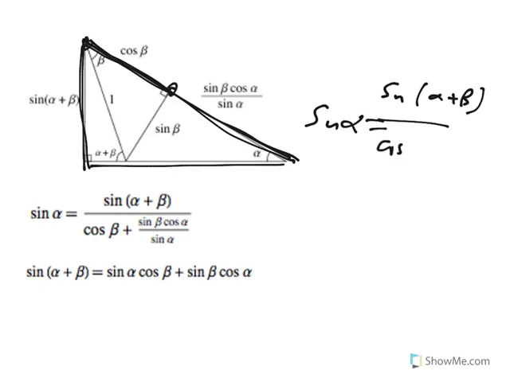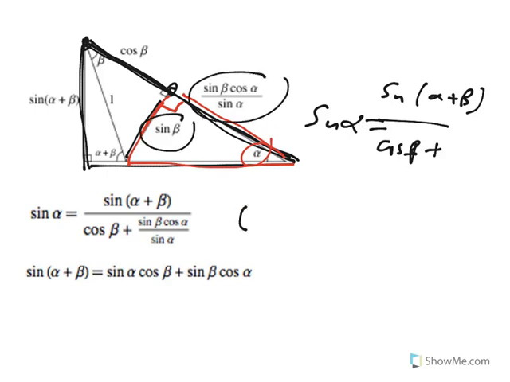And this last part's a little tricky. Just focus on this red triangle now. From that red triangle, we have this angle alpha. I'm dealing with the opposite and the adjacent, so I could say tan alpha is equal to opposite, which is sine beta, over adjacent.